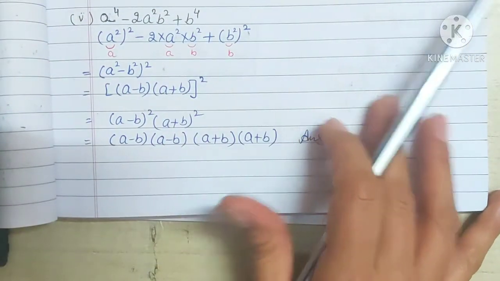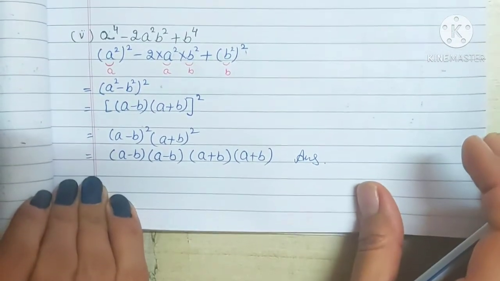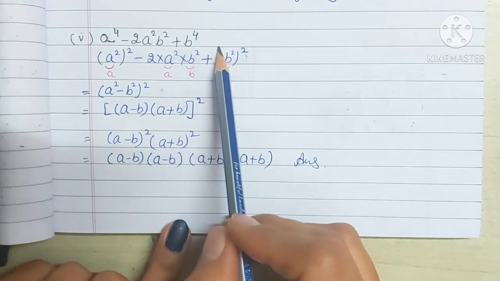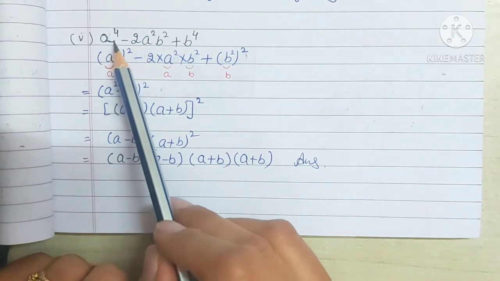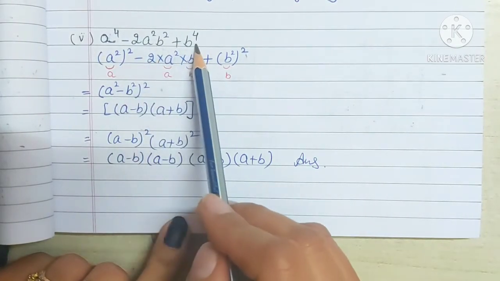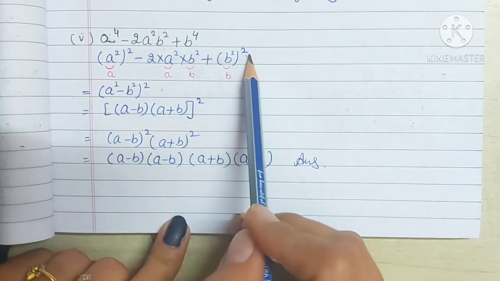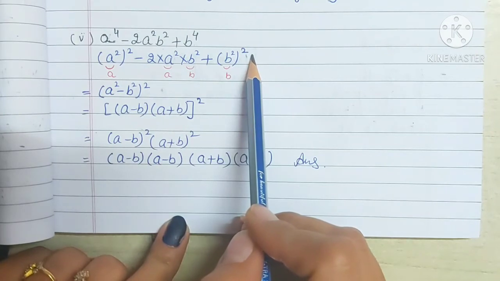Fifth part students, fifth part is a raised power 4 minus 2a square b square plus b raised power 4. So what can I write, students? I can write a square power 2, and here b power 4, I can write as (b square) power 2. Here we will apply the identity a square minus 2ab plus b square.